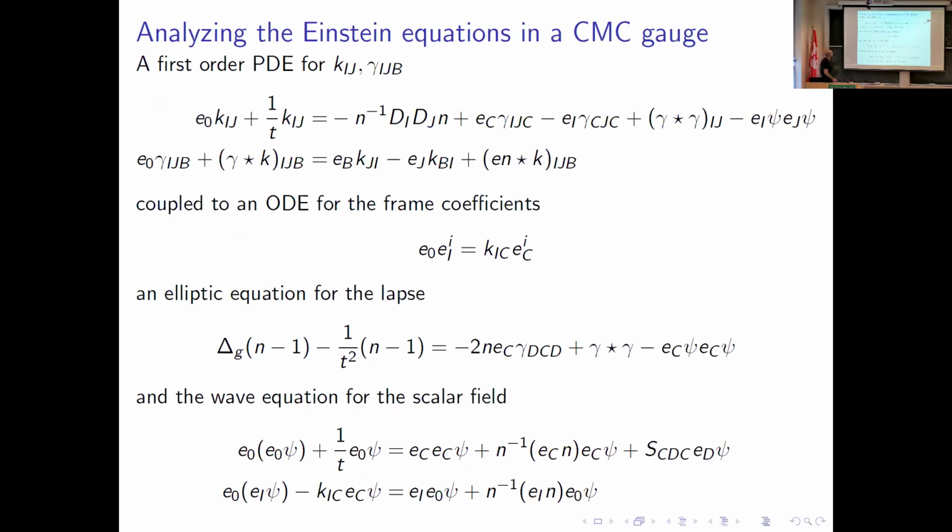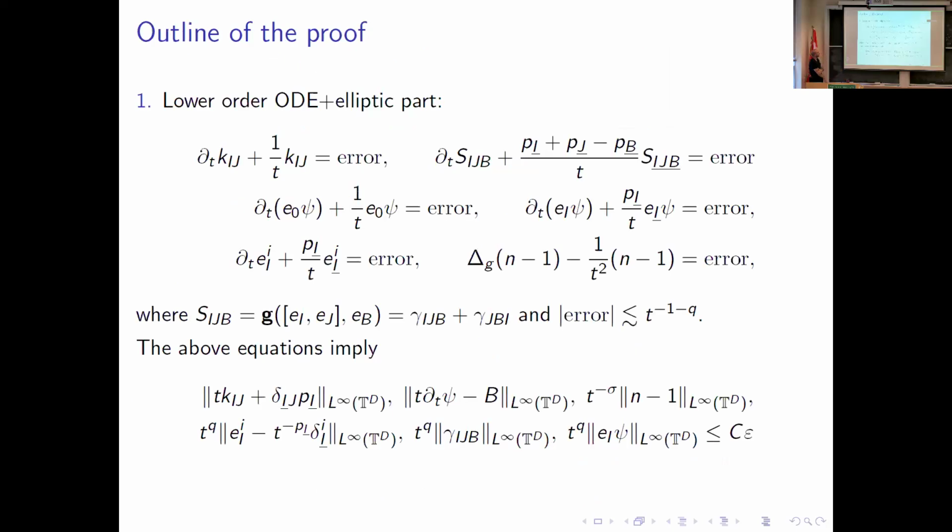Okay, so this is the system. We have a first order PDE for the connection coefficients and the second fundamental form. So this is the ADM type system. There's an ODE for the frame, a nice elliptic equation that has a favorable potential term for the lapse, and the wave equation for psi. And as I said, there are two ingredients.